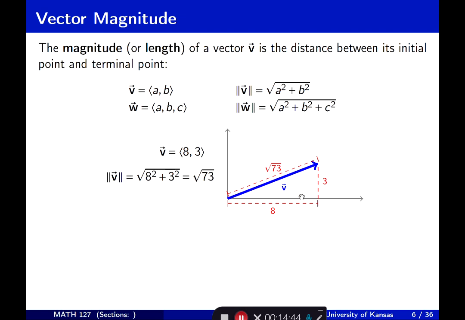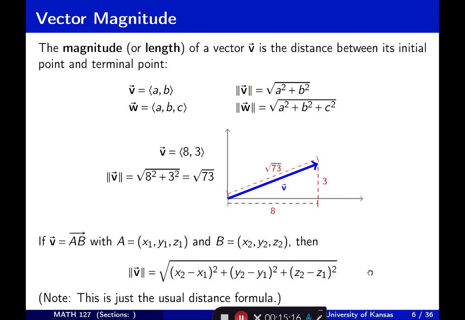Marking these on the x-axis and marking the perpendicular as 3, in this triangle I can calculate the hypotenuse, which is the square root of 3 to the power 2 plus 8 to the power 2. That's this formula again.